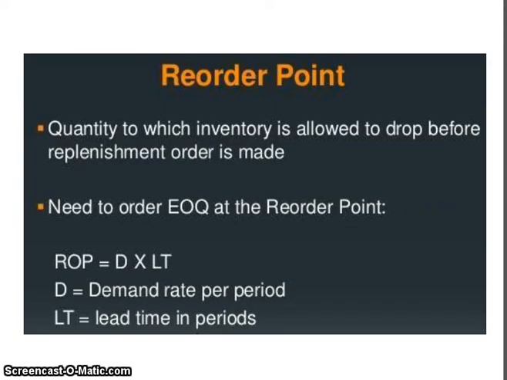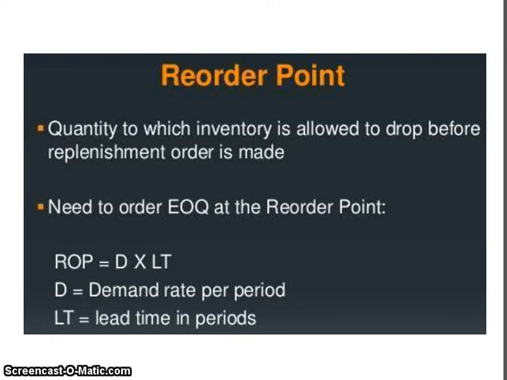The reorder point is the quantity to which inventory is allowed to drop before a replenishment order is made. So exactly when the order must be made: already you have 1000 units, can you immediately make a further order? I wait until the inventory comes down to, say, 200 units.